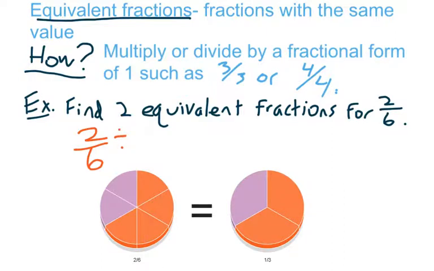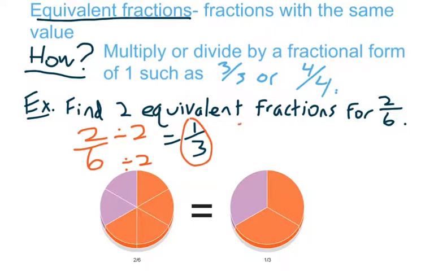So I'm going to divide the top one by 2 and divide the bottom one by 2. So really I'm dividing by 2 over 2, which is another form of 1. So I get 1/3 when I do that. There's one of my answers.